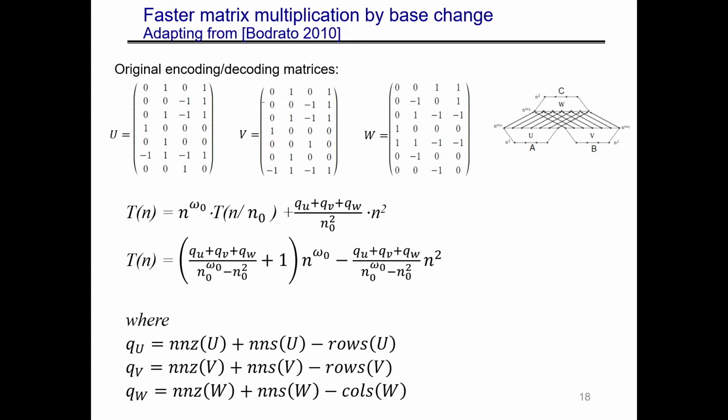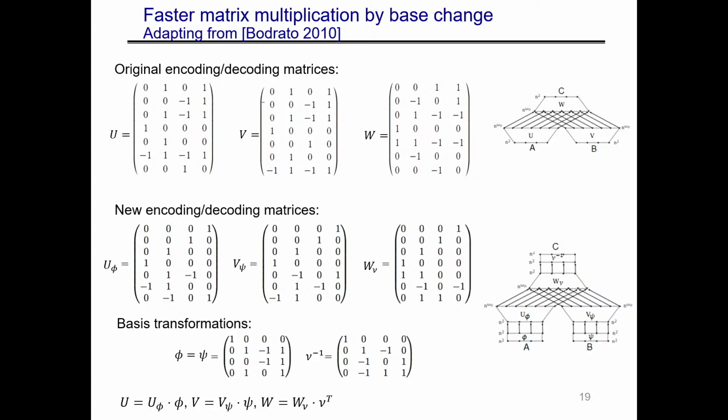So the actual constant for applying the block multiplication results into that, where QU, QV, and QW are the number of linear operations that are given in the U, V, and W matrices. So the number of non-zeros, the number of non-singulars, so elements that are not 1, -1, and 0, minus the number of rows or columns. Okay.